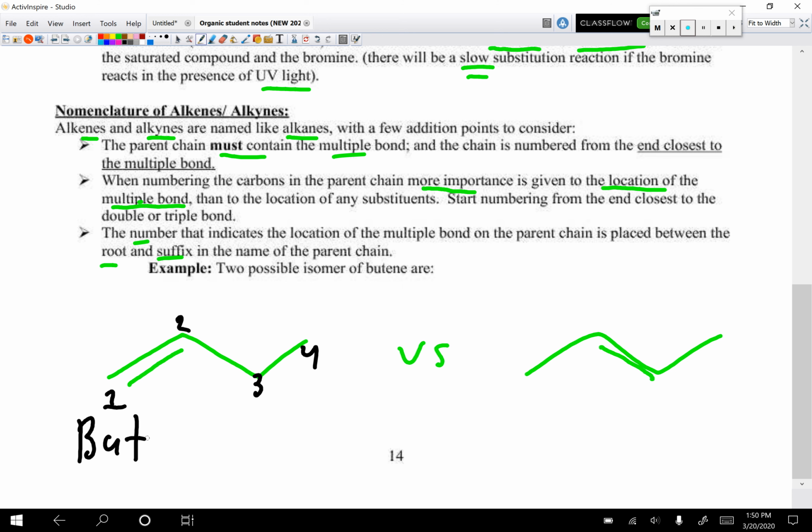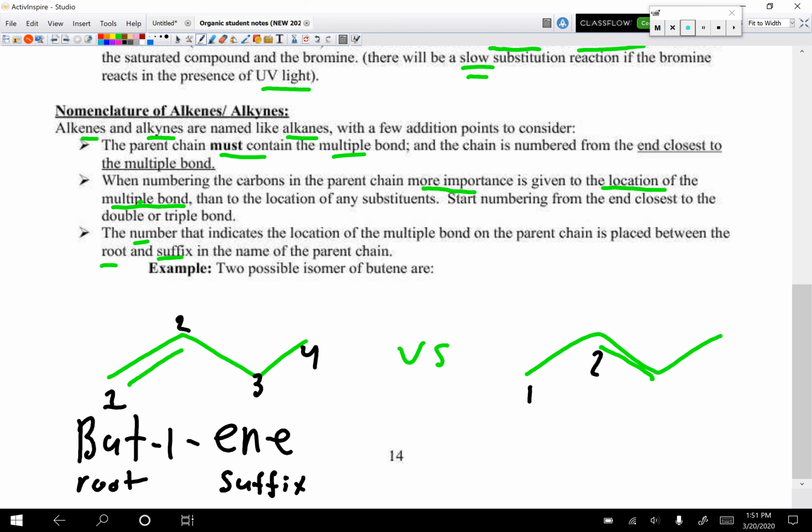Remember, root is our longest carbon chain, and our suffix is ene, because that tells us that there is a double bond. So this is the root, and this is the suffix. Now we need to stick a number locating the position in between the root and the suffix. So we turn it into but-1-ene.